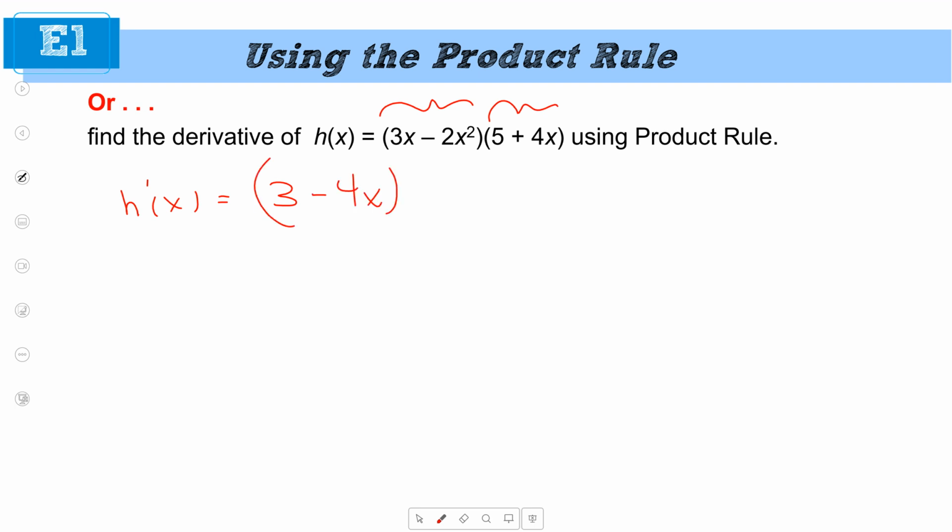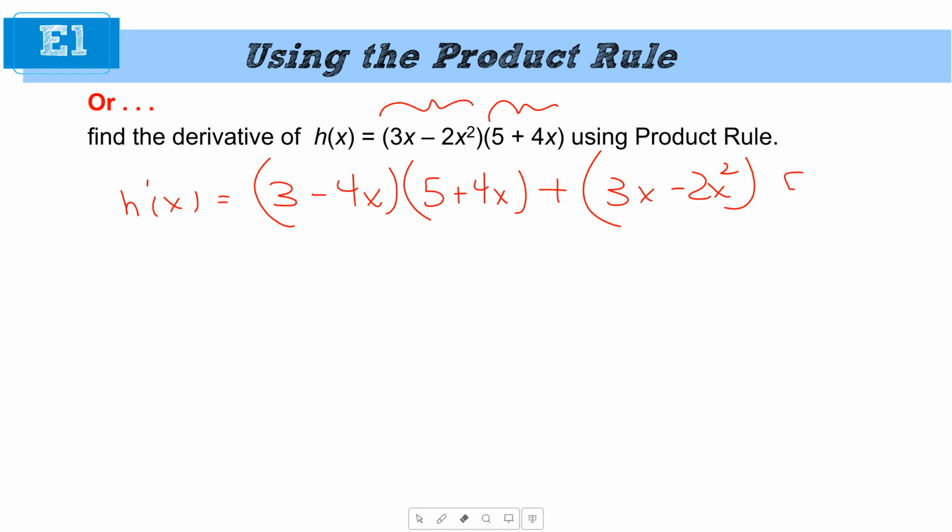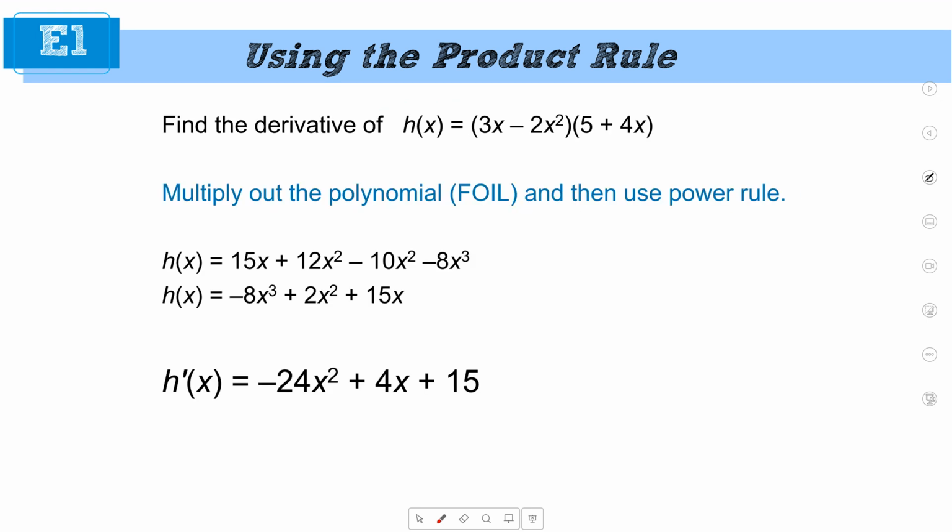Okay, negative 24x squared plus 4x plus 15. Why? Because I didn't multiply that puppy out. Should you multiply that puppy out? Yeah, probably. So I get 15 plus 12x minus 20x minus 16x squared plus 12x minus 8x squared.